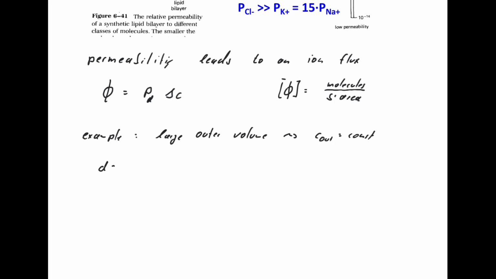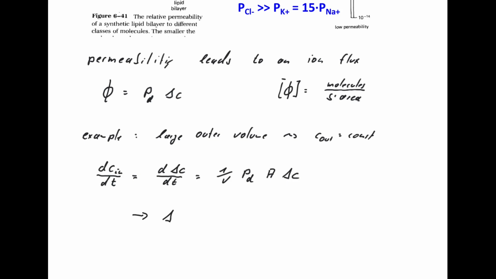Now we can put forward a differential equation where we look at the change of the inside concentration as a function of time, and that is given by the concentration difference, delta C, times the permeability, PD, times the area of the cell divided by the volume of the cell.